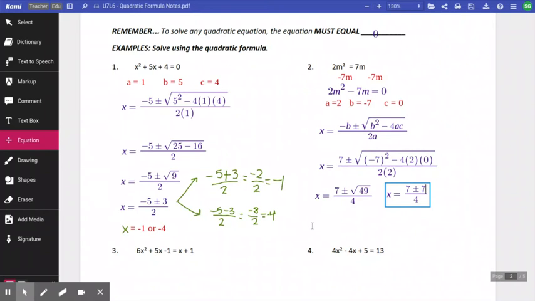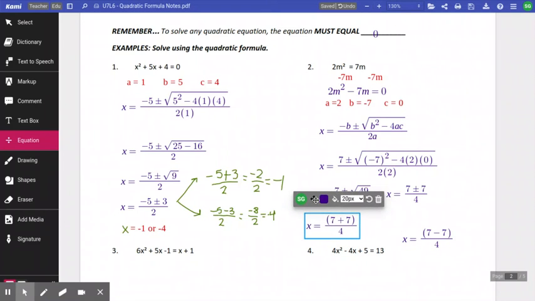All right, so when we go to finish this, we're going to have one fraction that says x equals 7 plus 7 all over 4. And you're going to have another fraction that says x equals 7 minus 7 all over 4. For this first one, 7 plus 7 is the same thing as 14 over 4.